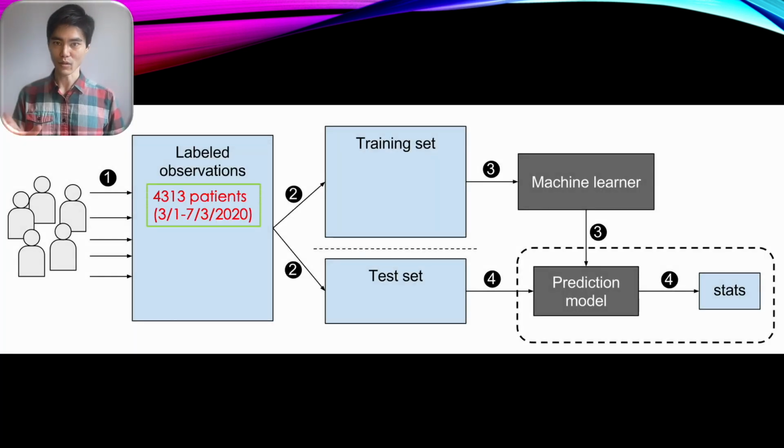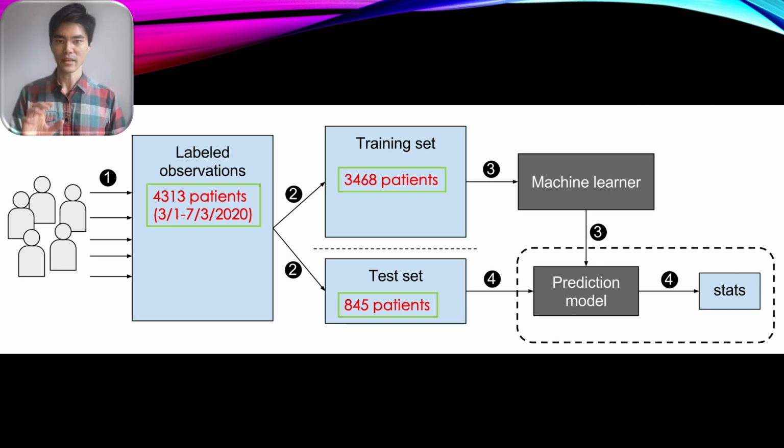So the overview of the method: we have 4,313 patients, and then we divided that into an 80% training set, that's about 3,400 patients, and a 20% test set, 845 patients.